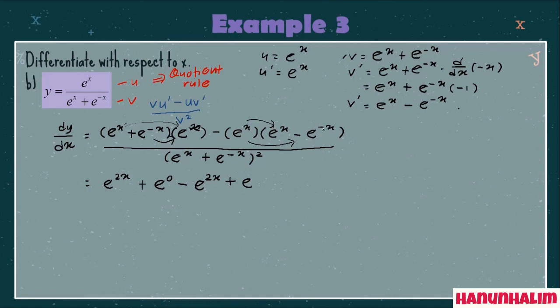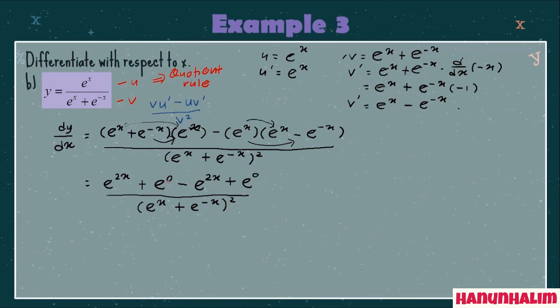So x tambah negatif x, dia akan jadi x tolak x. Bila x tolak x, 0. Okay, lepas tu over yang bawah tak payah kembang, salin je, e^x plus e to the power of negative x squared. Okay, next kita cuba simplify.